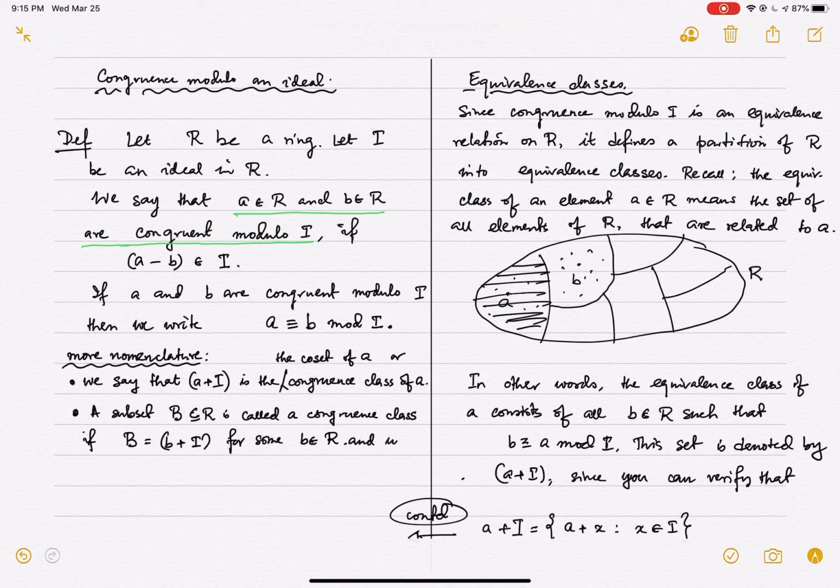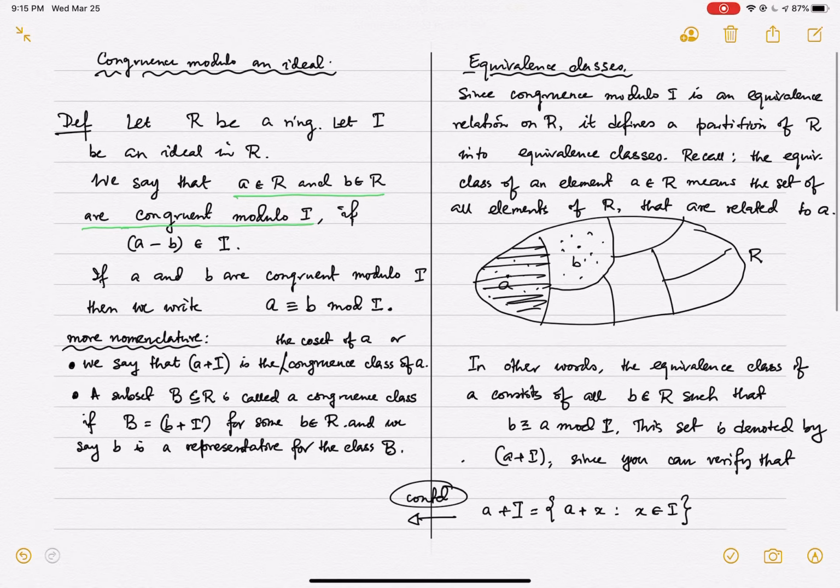We say little b is a representative for the class capital B. And I know this is a lot of new words, but when we do the example of Z mod NZ, which we have already studied in chapter 4 in great detail, in the next video, I think it will be much easier to parse all these definitions after that example.